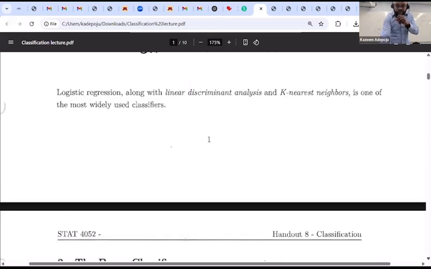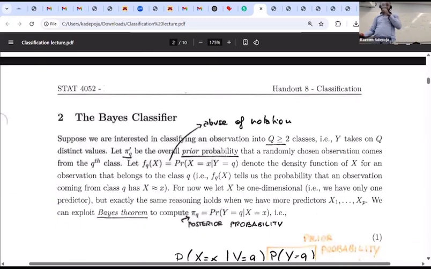Now, we want to consider different kinds of classifiers. What I'm going to walk you through today is the Bayes classifier and the KNN classifier. On Friday, I'm going to work on the other classifiers. Of course, I'm going to dedicate Wednesday to the midterm 2 practice questions that I uploaded.